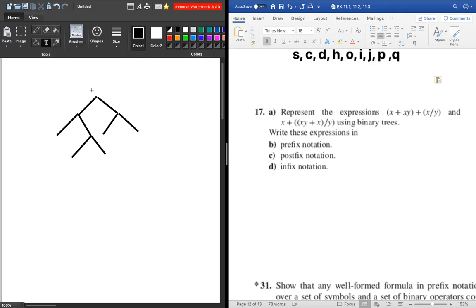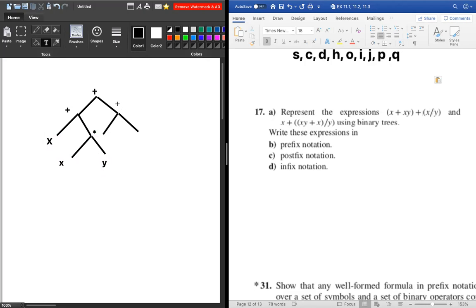Okay, so let's put on some text here. So this is the plus sign here, this plus sign, and then we have this plus sign here, and then we have this X here, then we have this another X here, we have a Y here, then we have the multiplication sign because of this XY, this is multiplication, so I'll put multiplication sign here.